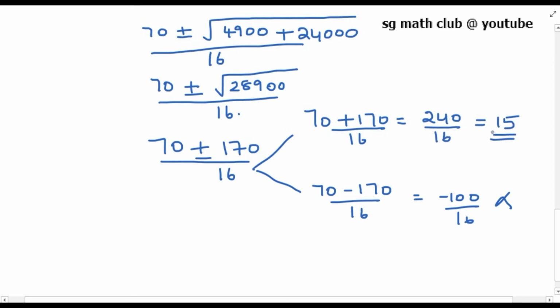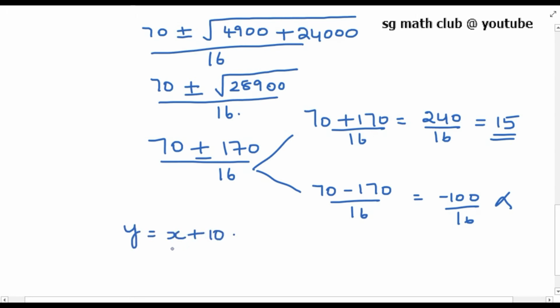So we can say that the larger tap takes 15 hours and the smaller tap takes 25 hours to fill the tank, because we have taken Y equal to X plus 10.